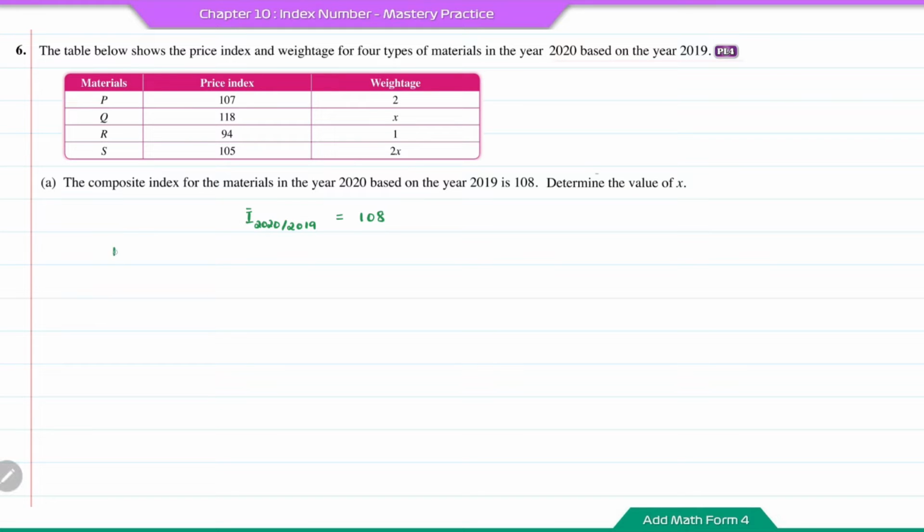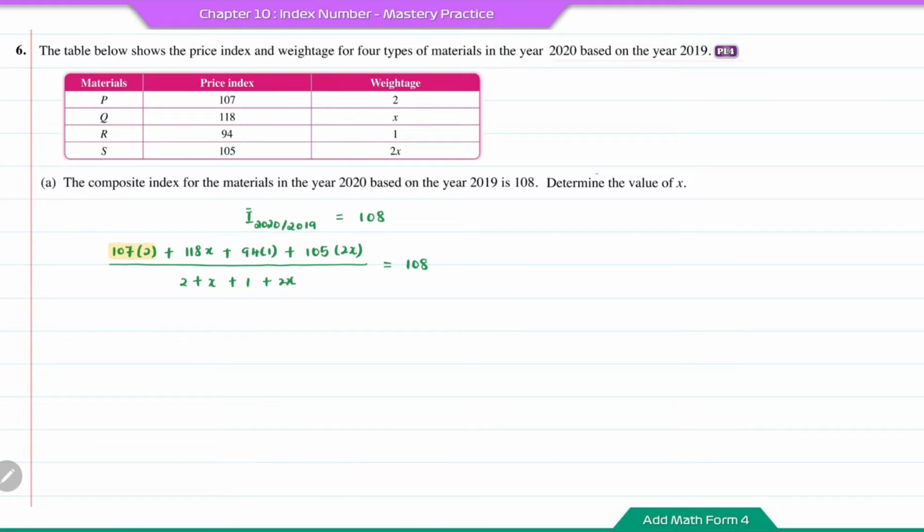So it's going to be 107 times 2 plus 118 times X, which is 118X, plus 94 times 1 plus 105 times 2X, divided by the total weightage, which is 2 plus X plus 1 plus 2X. So this will be equal to 108.